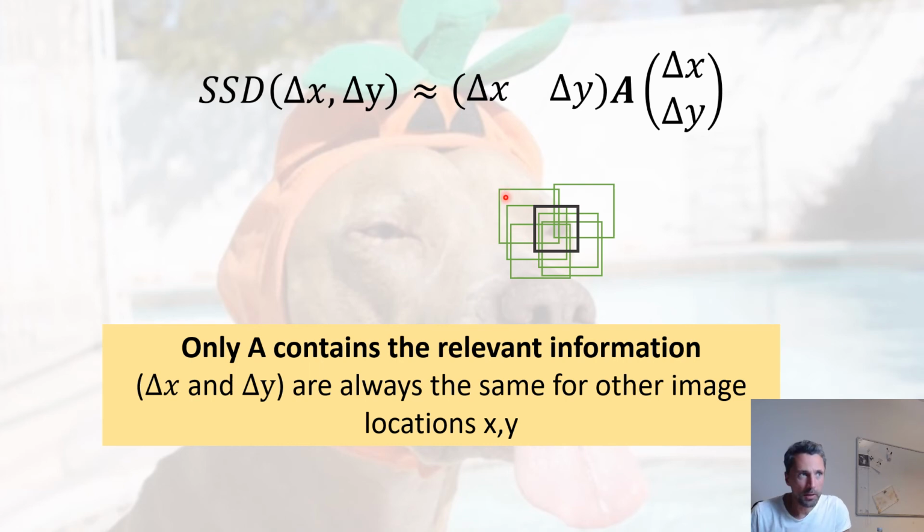That is because in the sum of squared differences, the delta x and delta y's, so all these window positions, are the same. The only thing that changes is the position of the black window. And all the gradient information contained here contains the information about whether the black window is a corner point or not.